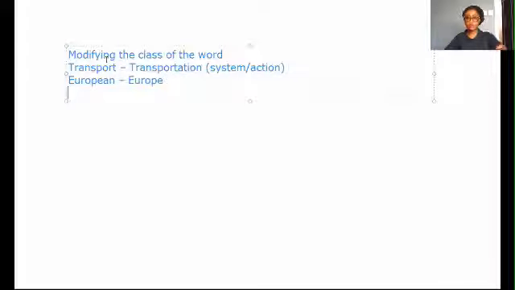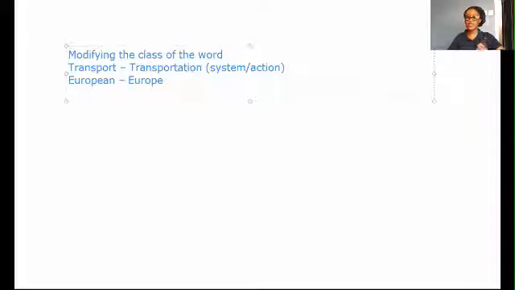And we'll look at some keywords we have in the description we are focusing on for this lesson, and we see what to do. So we are looking at transport, and then European. To paraphrase transport, which in this context, if you look at the question that we have, it says the graph below shows the different modes of transport.